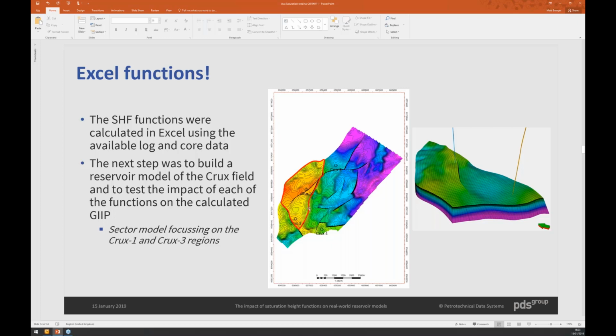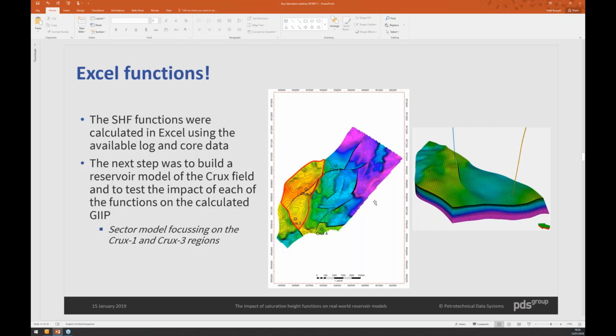The model I built was a sector model focusing on the Crux 1 and Crux 3 wells that you can see outlined in red here. Here is an example of the reservoir model on the right hand side for those geologists who are dialing in. The idea is that now that I've got my reservoir model built, I can model my facies in the usual way, and my porosity in the usual way, and so forth.